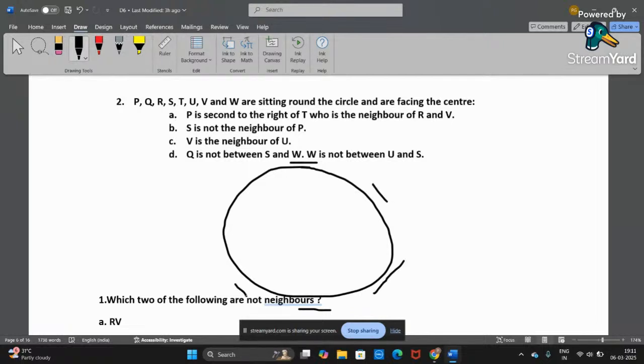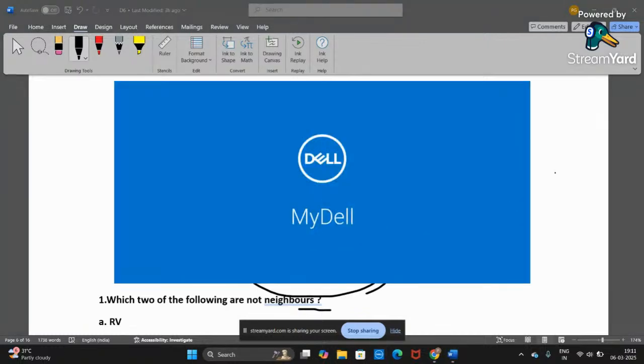Totally there are 1, 2, 3, 4, so 8 members are there. One minute. These are the 8 placements, right? One minute, guys.